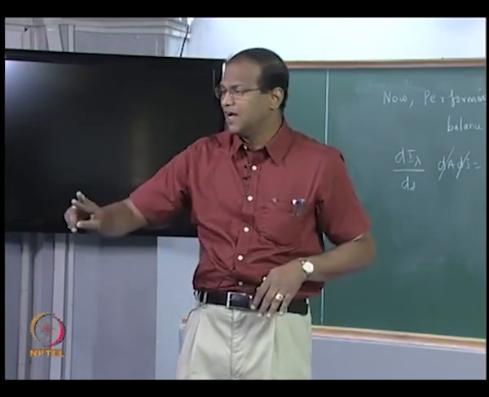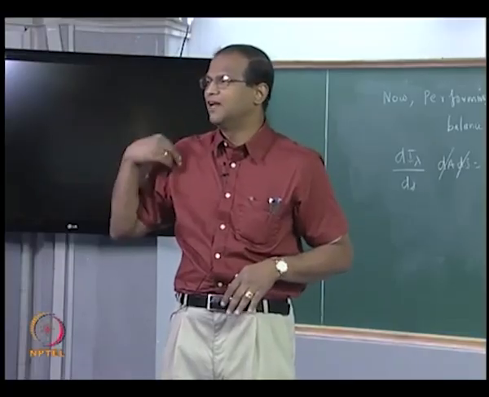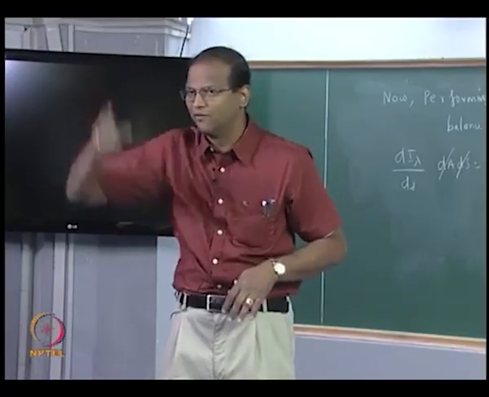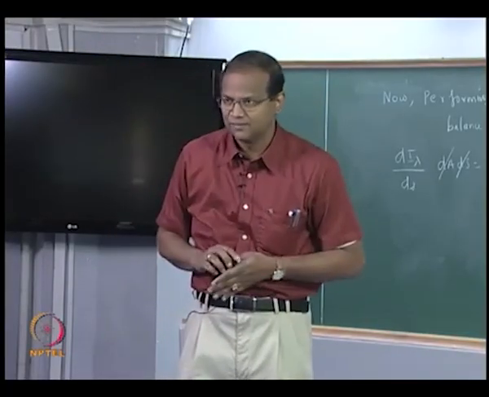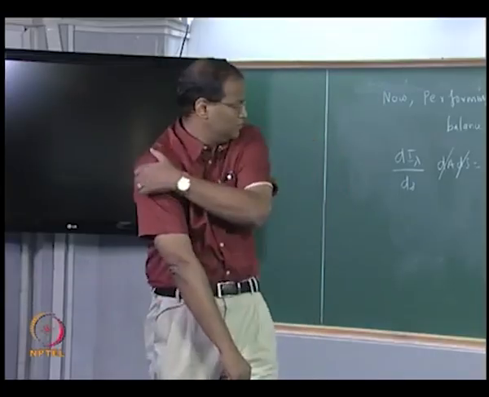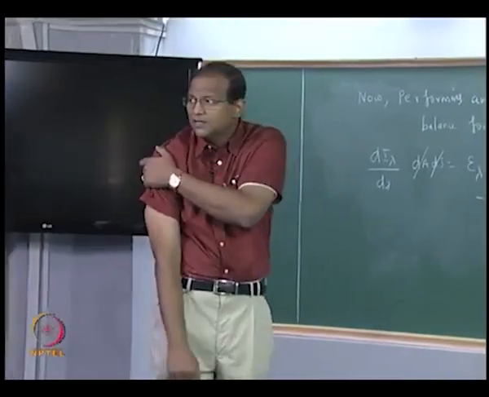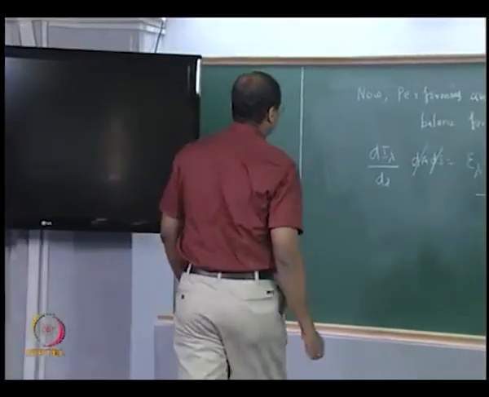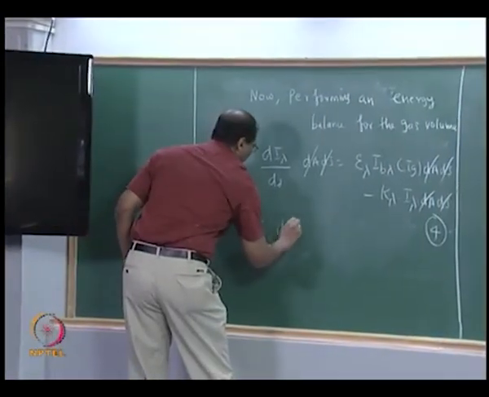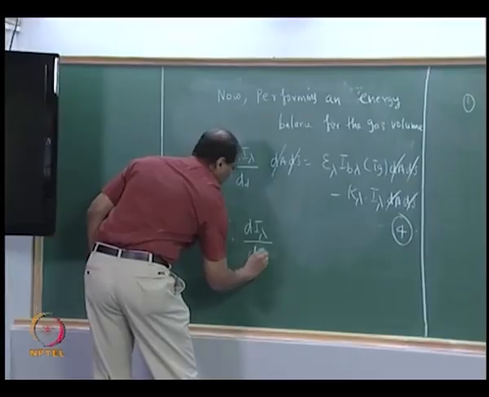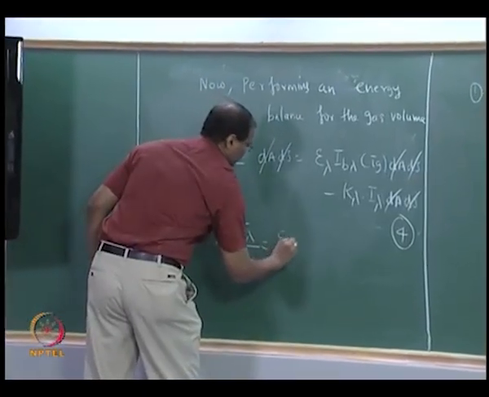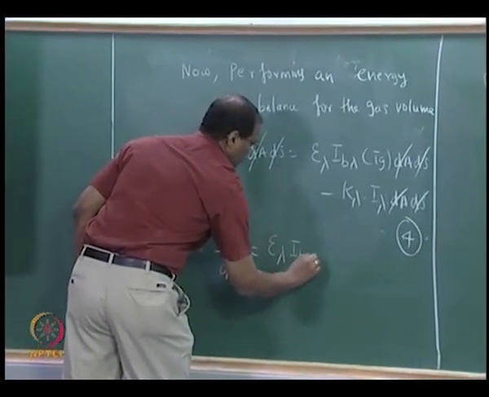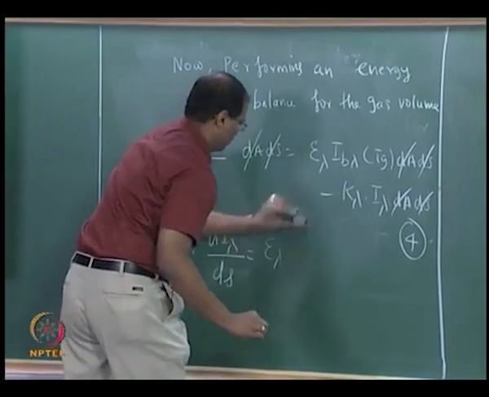But that 95 can be compensated, it can become 97, 98 or even 105 if there is an emission from that gas. Now, some people want to write it like this.